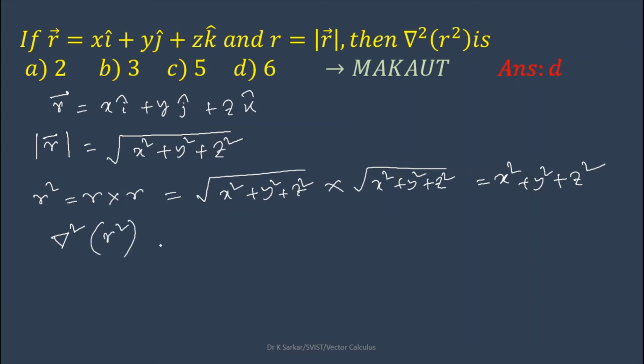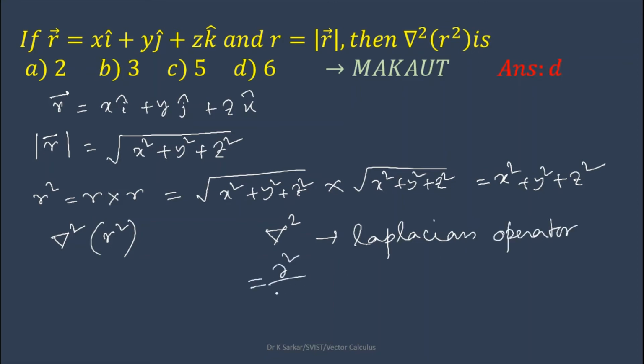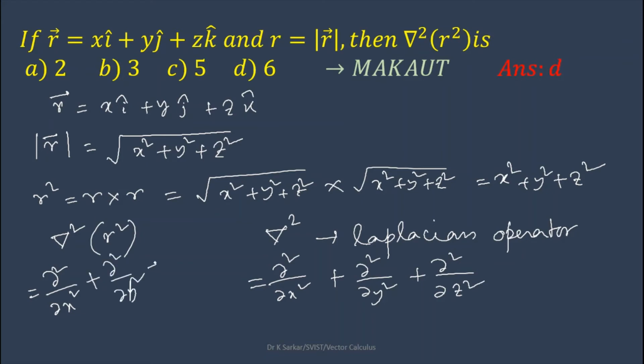Now we have to find del 2 r2. We have to remember here that this del 2 is called the Laplacian operator, which is del 2 del x2 plus del 2 del y2 plus del 2 del z2. So del 2 r2 means del 2 del x2 plus del 2 del y2 plus del 2 del z2 of r2 we have to find.